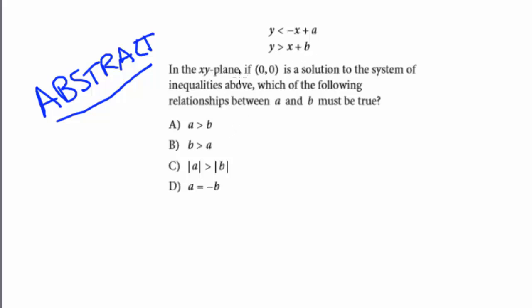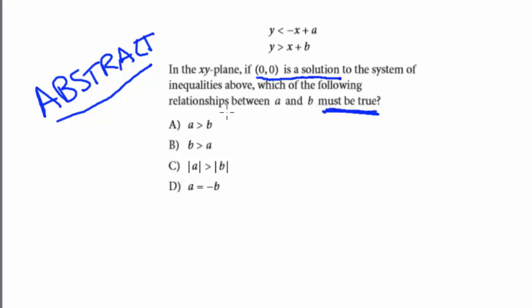Let's read the question and see what we can make sense of. In the xy plane, if 0, 0 is a solution, I'm going to underline that. It's really important. If 0, 0 is a solution to the system of inequalities above, that's all it is. A system just means more than one, and there's two inequalities. Which of the following relationships between A and B must be true?